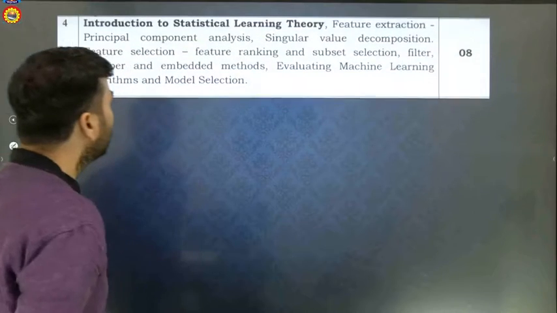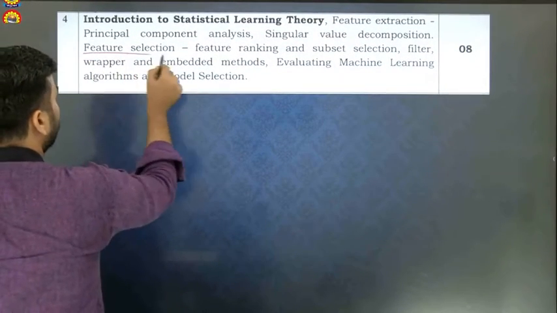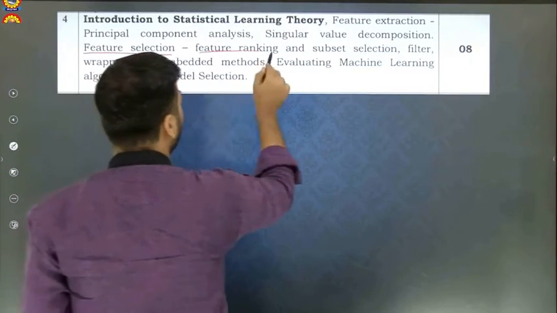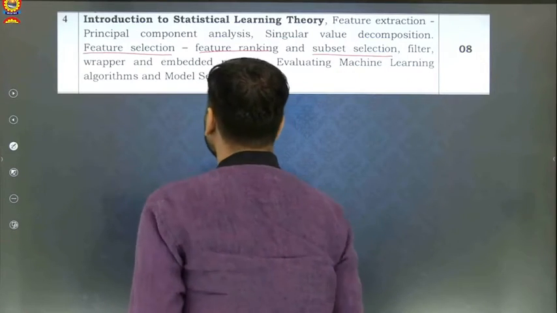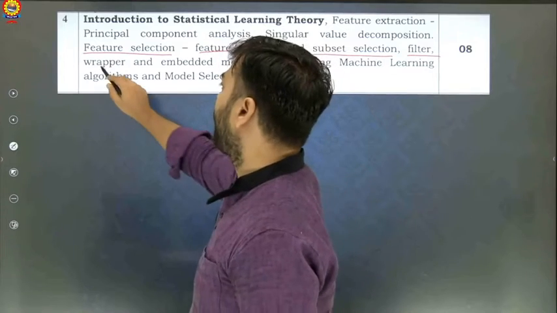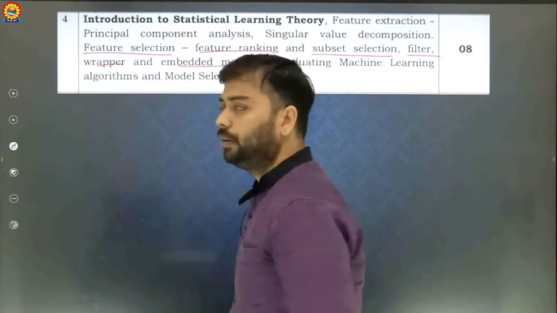Okay, so here we go. We are discussing feature selection. In this, we already discussed feature ranking and what we mean by subset selection. Today we discuss in detail the filter, wrap and embedded methods for selecting the features.